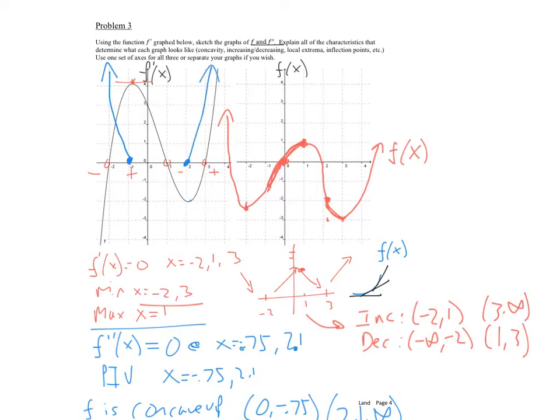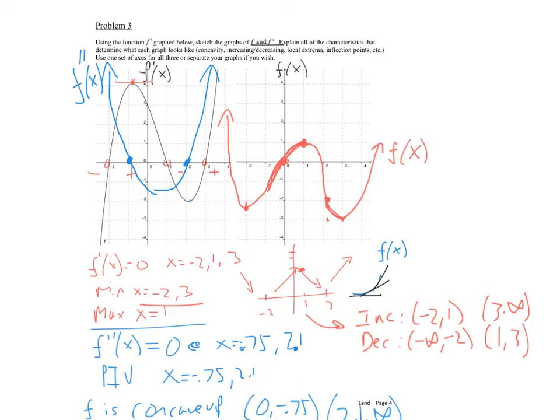In between here, we have some negative. All the tangent lines here are going down. So those tangent lines all have a negative slope. So we're going to have a negative in here. Negative slope, so we're going to scoop down here like this. And there is f double prime, the derivative of the derivative.